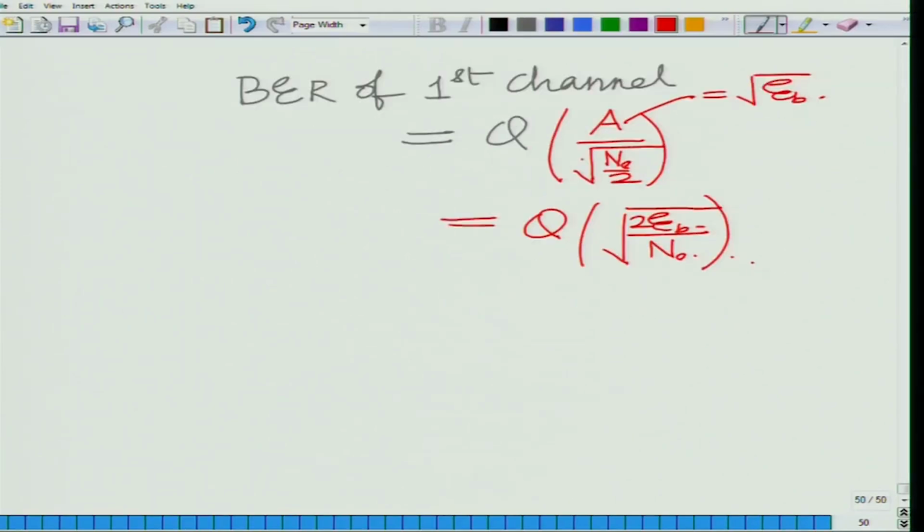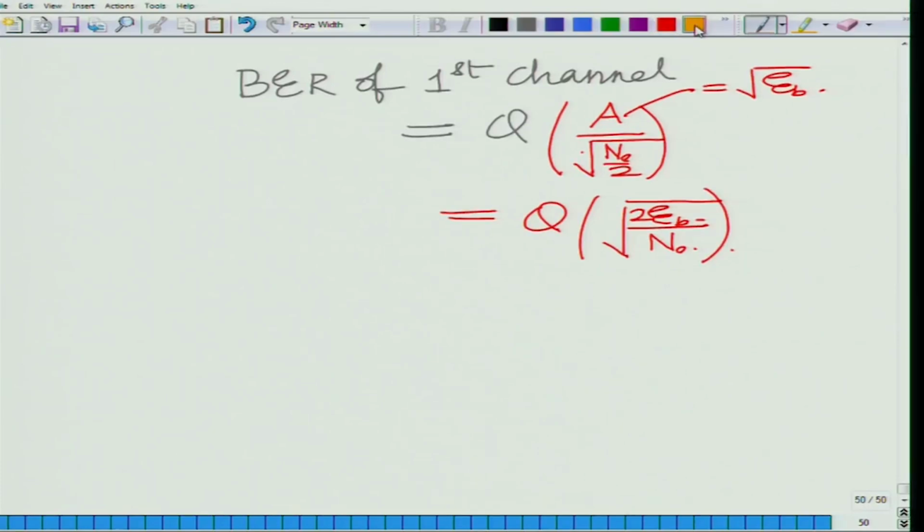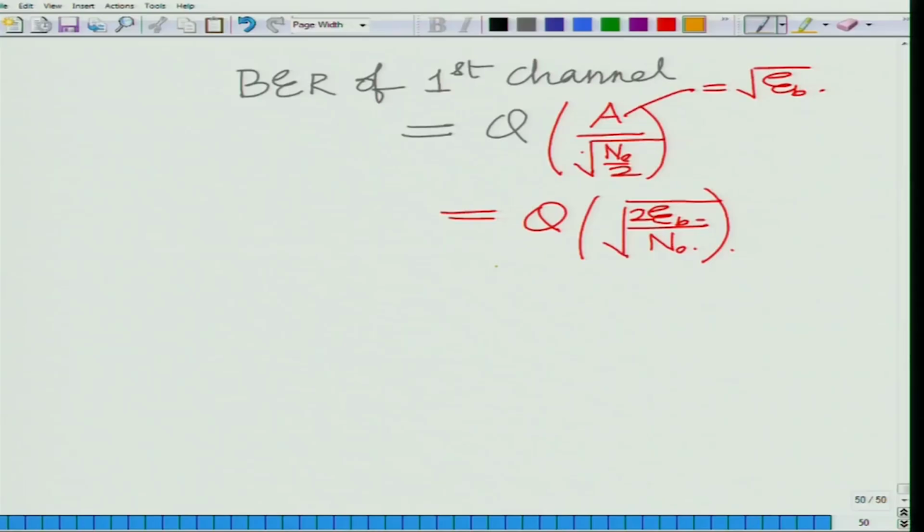Okay. So this corresponds to an average bit energy of EB transmitted along pulse P1, and after match filtering with respect to H1 matched to P1, the output on this first branch is basically binary phase shift keying. Therefore the bit error rate will also be similar to that of binary phase shift keying with average bit energy EB.